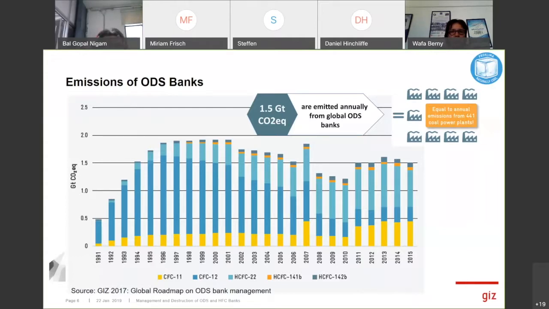There is also a part released during the use of cooling devices, through leakages and not best practices in maintenance. But the major part, depending on the country, up to 90%, is released at the end of life, so during the waste management of these devices. This is why we talk about ODS banks in the context of waste management of cooling devices.